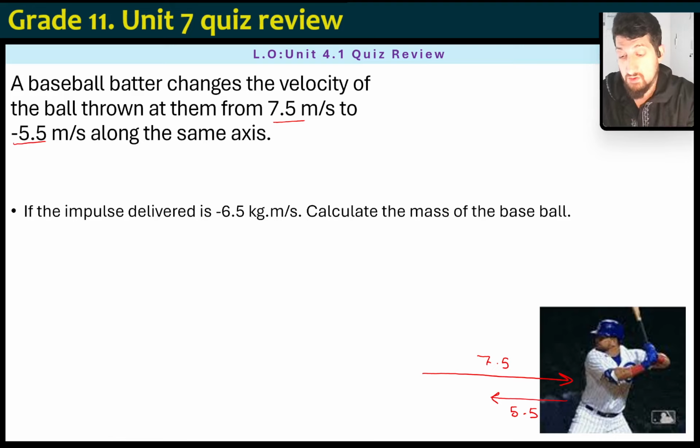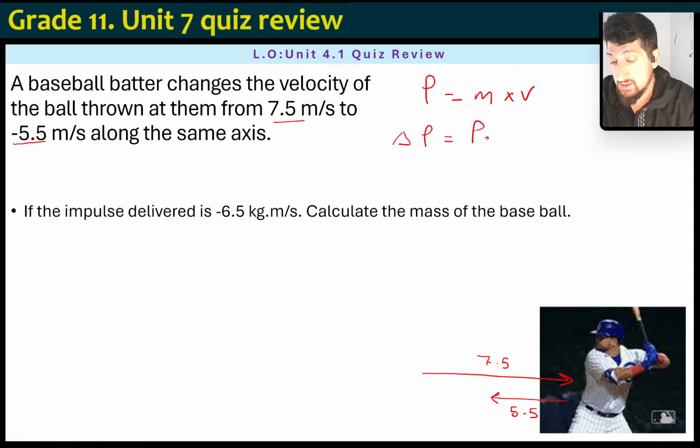So we can use both of those formulas. Momentum equals mass times velocity, and we know that change in momentum is equal to force times change in time, or final momentum minus initial momentum. So how does that help us? Let's have a look.